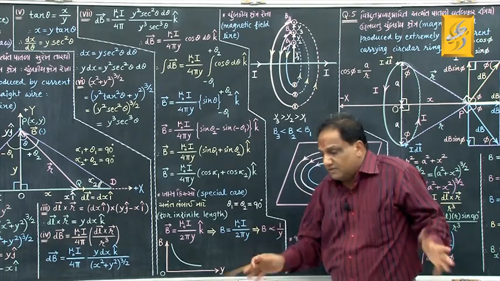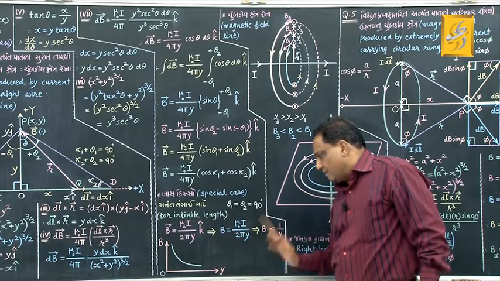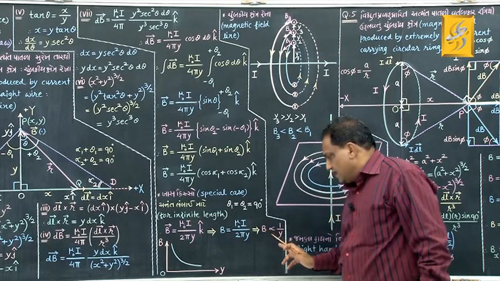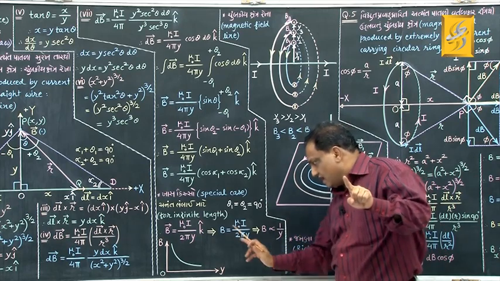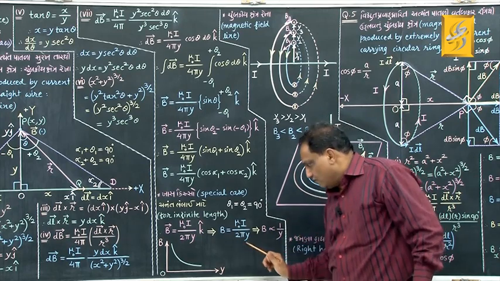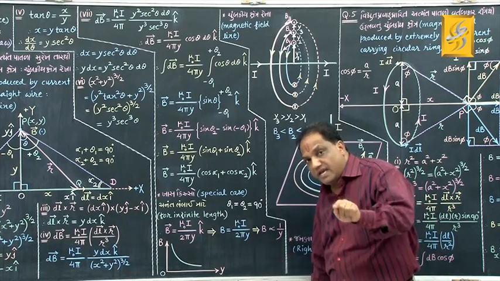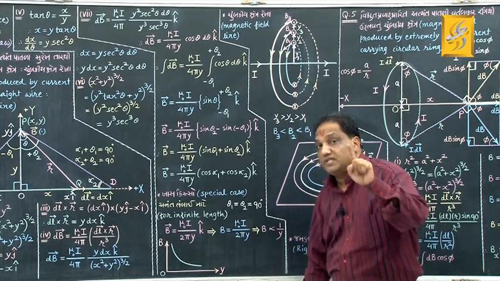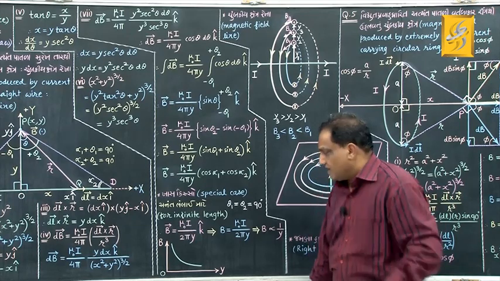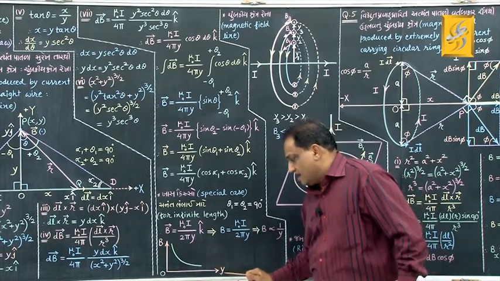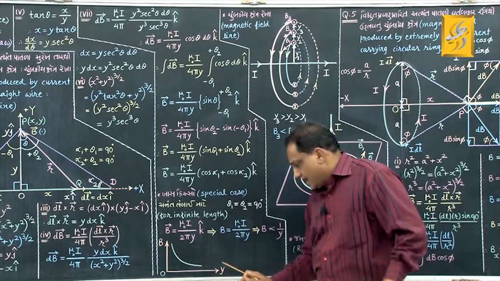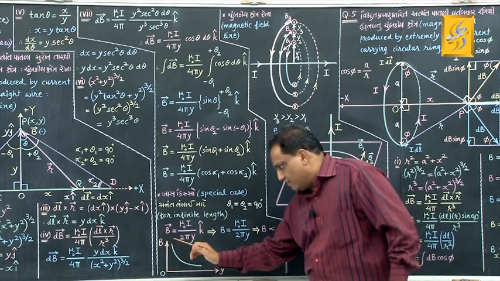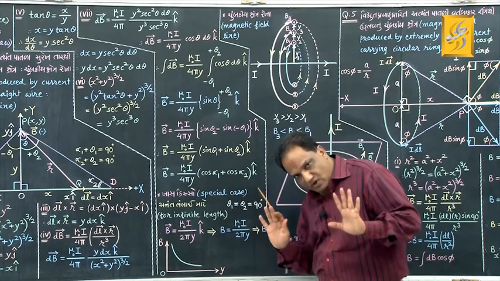But what is the relation? Relation is B is inversely proportional to y. Because B is inversely proportional to y, the equation will be B into y equals to constant. B into y equals to constant is very much like x into y equals to constant, which is equation of hyperbola. That's why graph of B versus y in this case will be hyperbola like this. Okay? As y increases, value of B decreases. Got it? Fine.